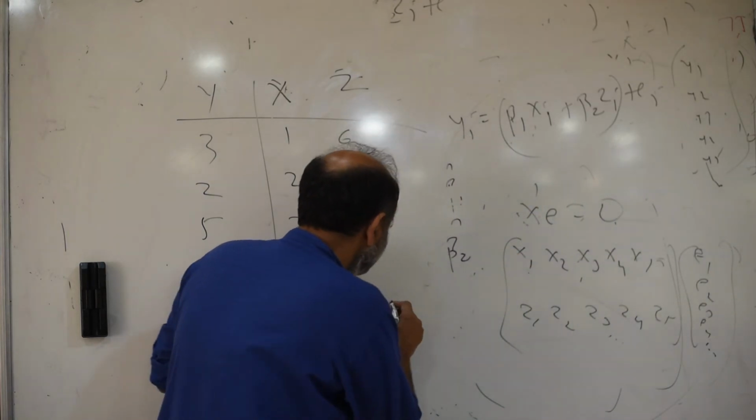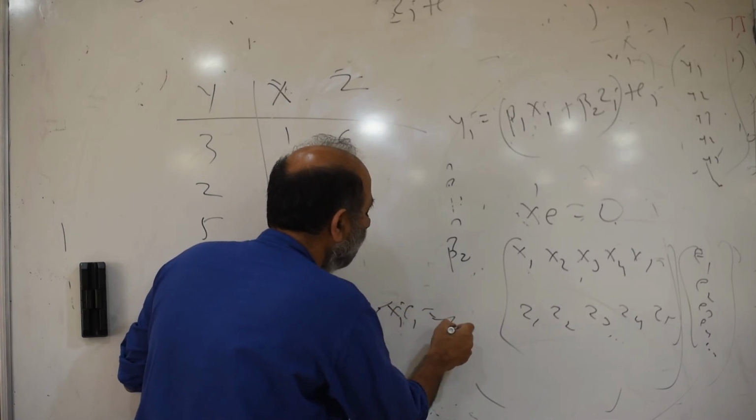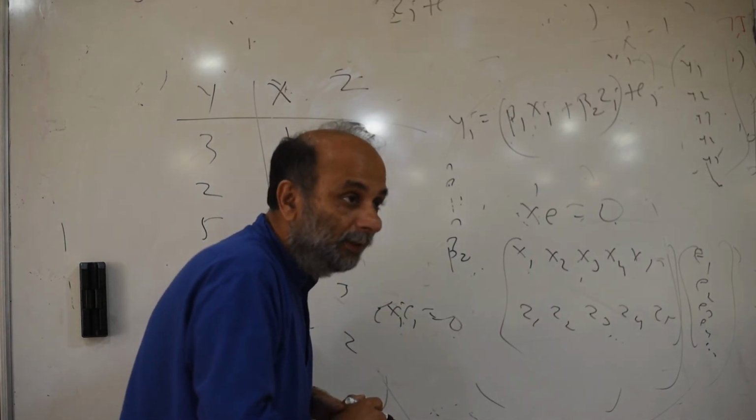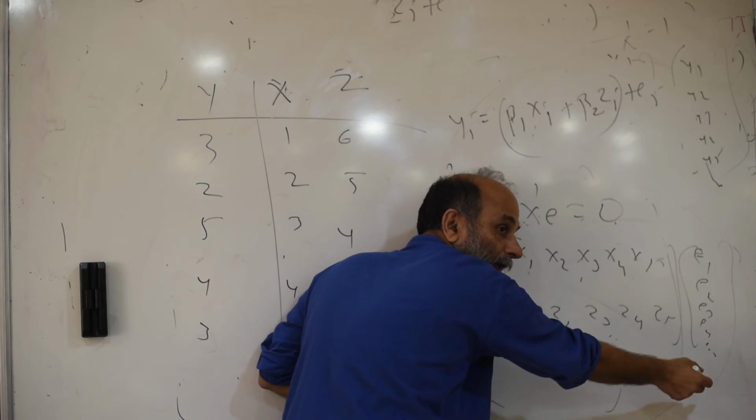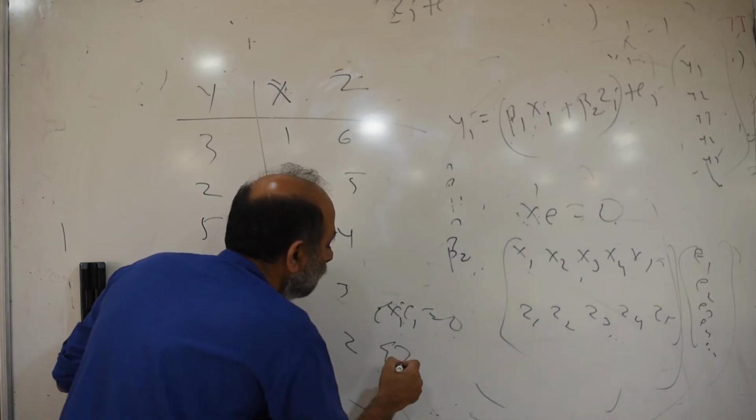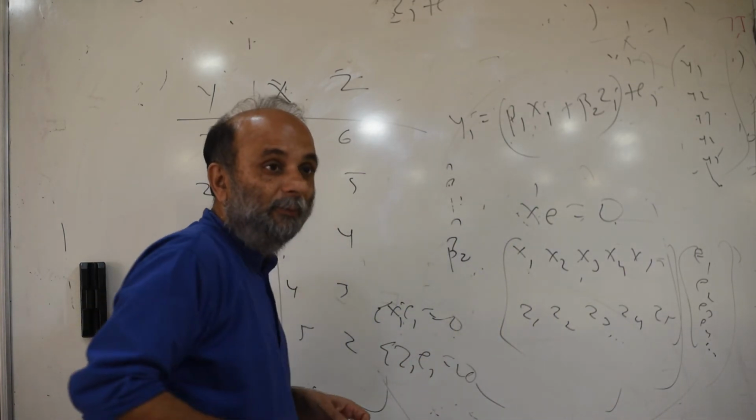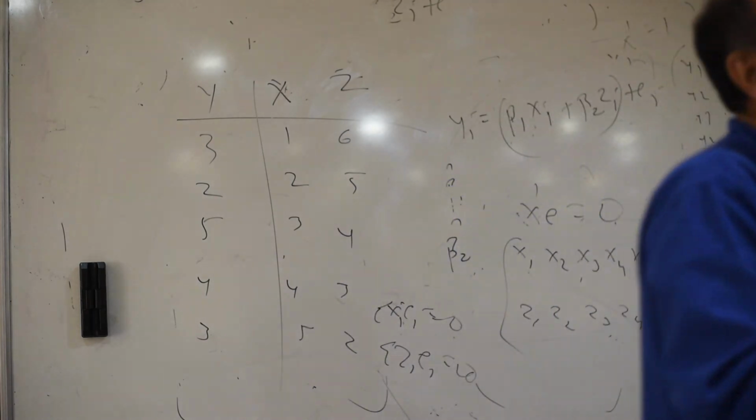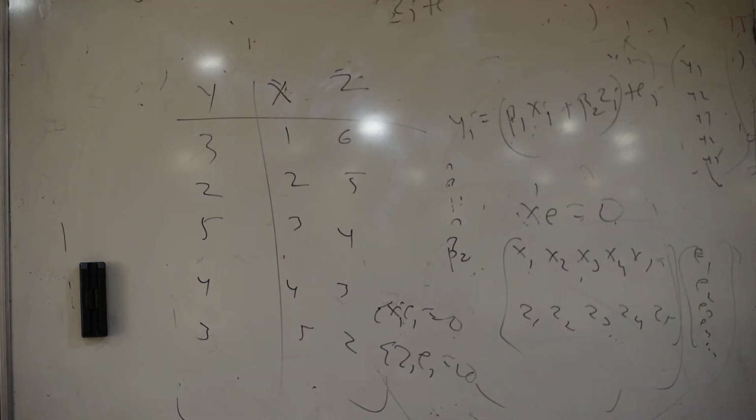So the first equation would be summation xi ei is equal to 0. First row, first column. The second will be summation zi ei is equal to 0. So what it effectively gives you is two equations to solve for two unknowns, beta 1, beta 2. Right, that's why the E is important.